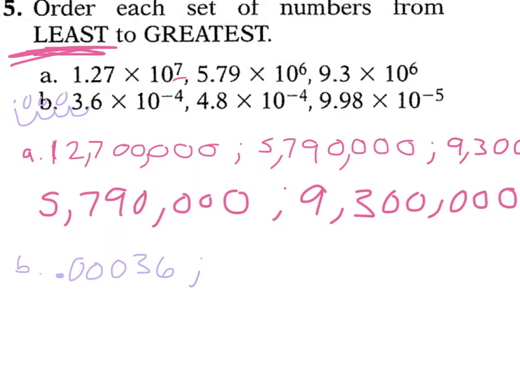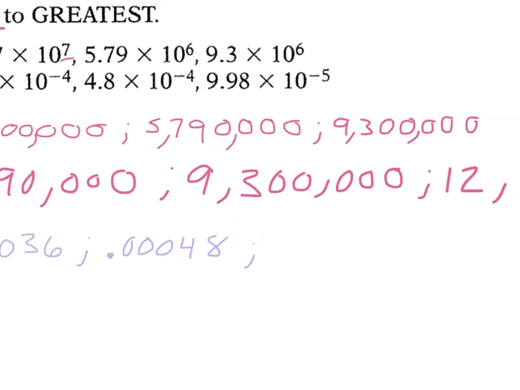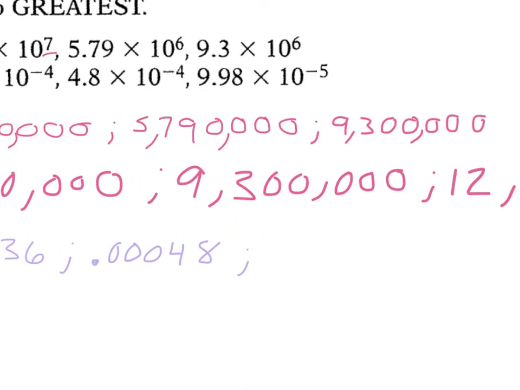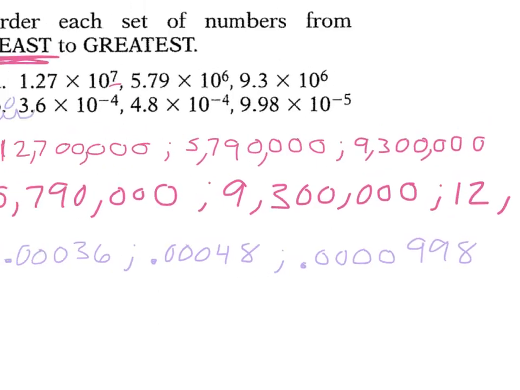Next we have, again we're moving it 4 places. So we have our decimal, 3 zeros, 4, 8. And here we're moving it 5 places. So we're going to have our decimal, then 4 zeros, then 9, 9, 8.